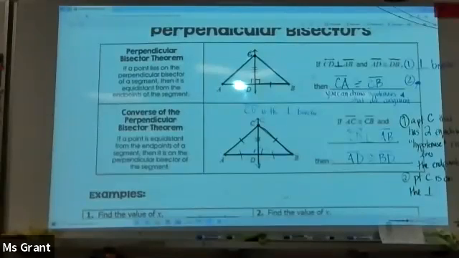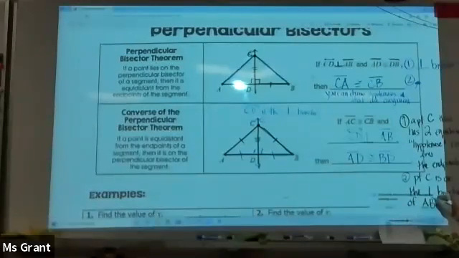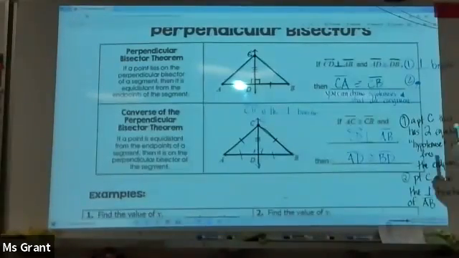I'm not going to write the word perpendicular, I'm going to write this symbol. This symbol is an upside down T, and it means perpendicular. Of AB. So there's the regular and the converse.